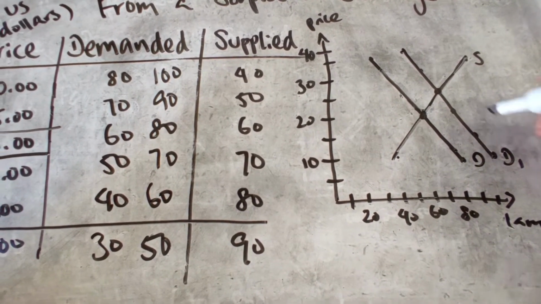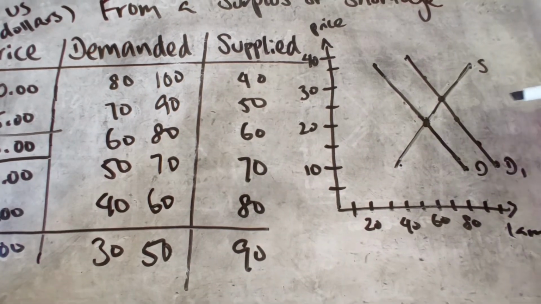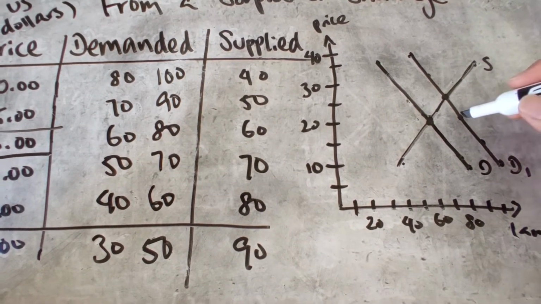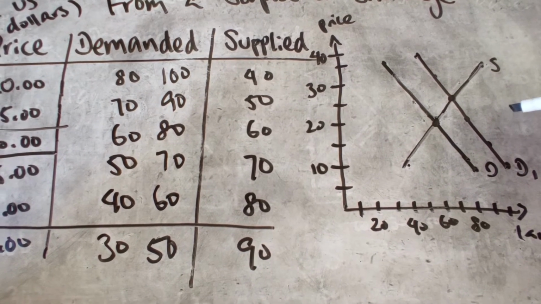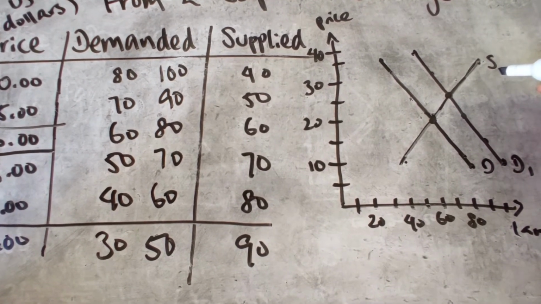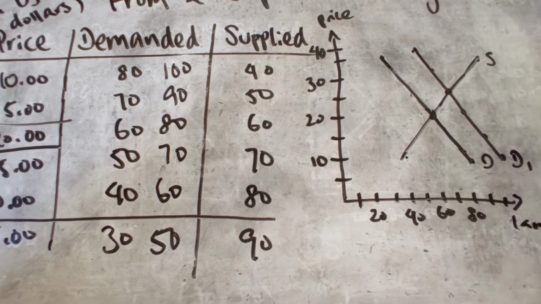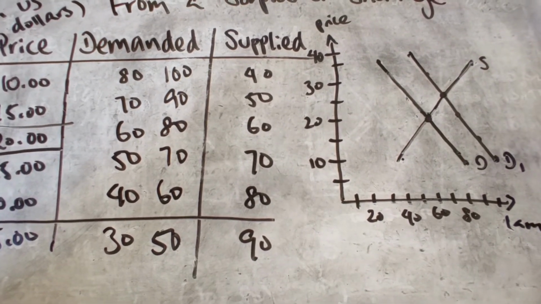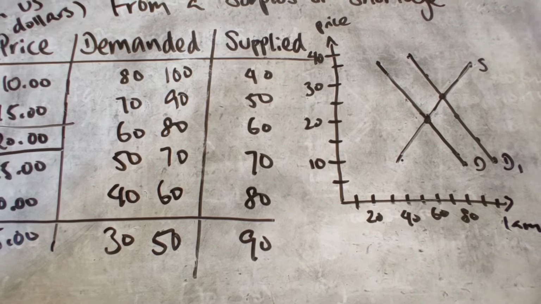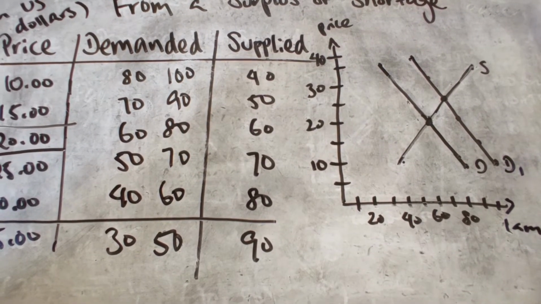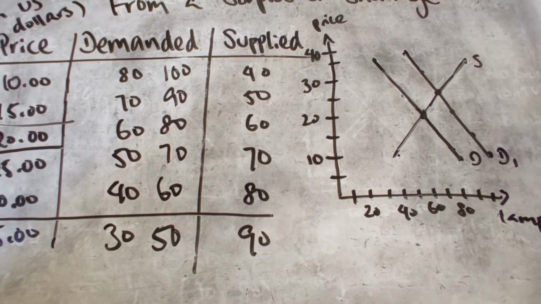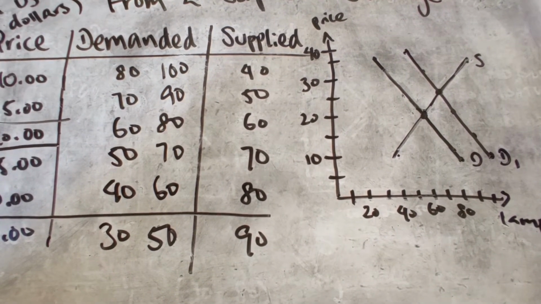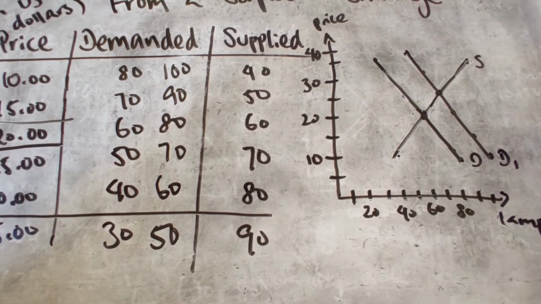Well, when you go from a market equilibrium to a surplus or a shortage, it usually occurs when the supply curve or the demand curve shifts. And because the point on the supply curve and the point on the demand curve are basically on top of one another, when a supply curve or demand curve shifts, the point goes along with it.